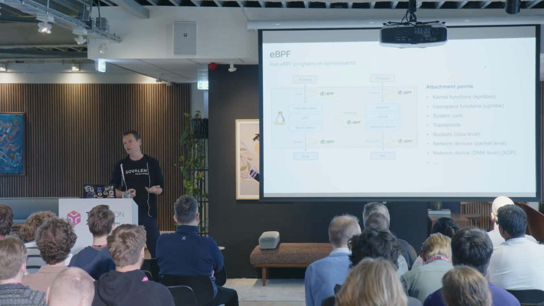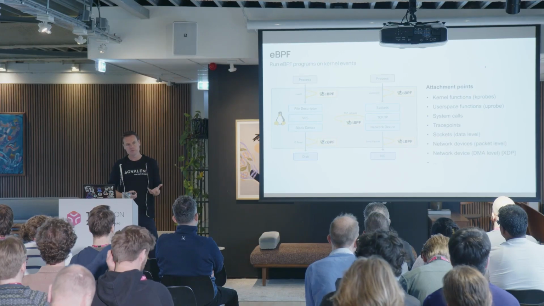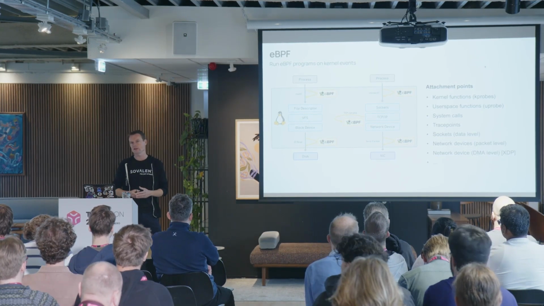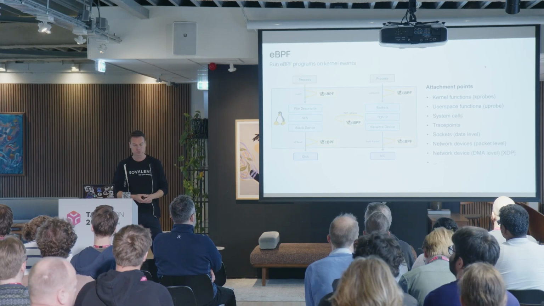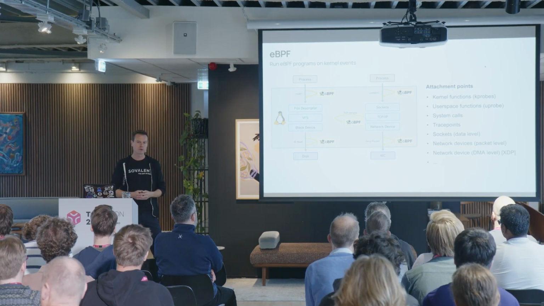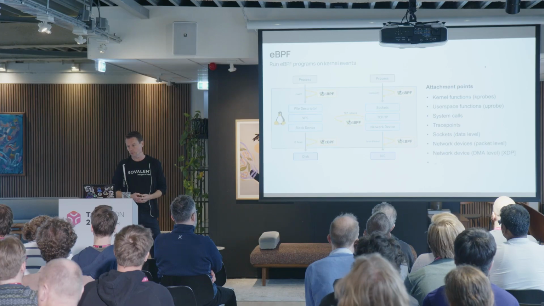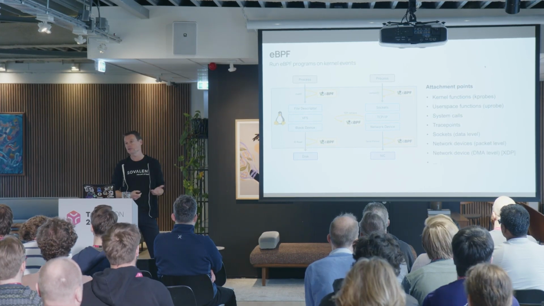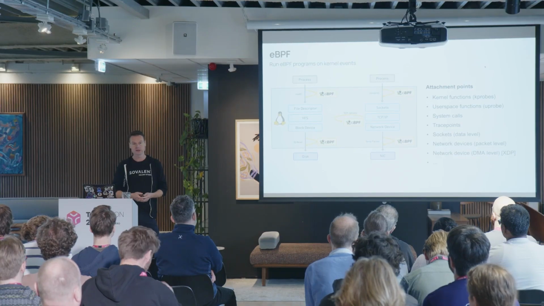Think about a process opening a socket, a connection being opened, a TCP IP retransmission. Those are kernel events we can attach eBPF logic to. And using that logic, we can program and secure and observe the network. So for today's session, getting this connectivity for east-west and north-south load balancing is powered through eBPF.